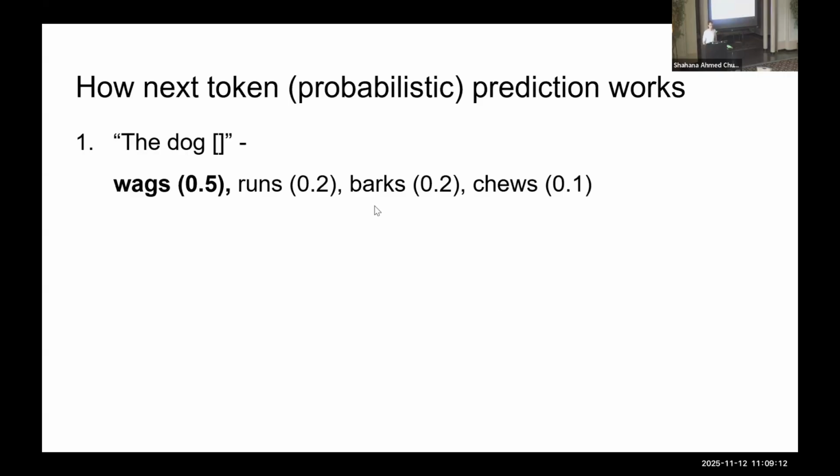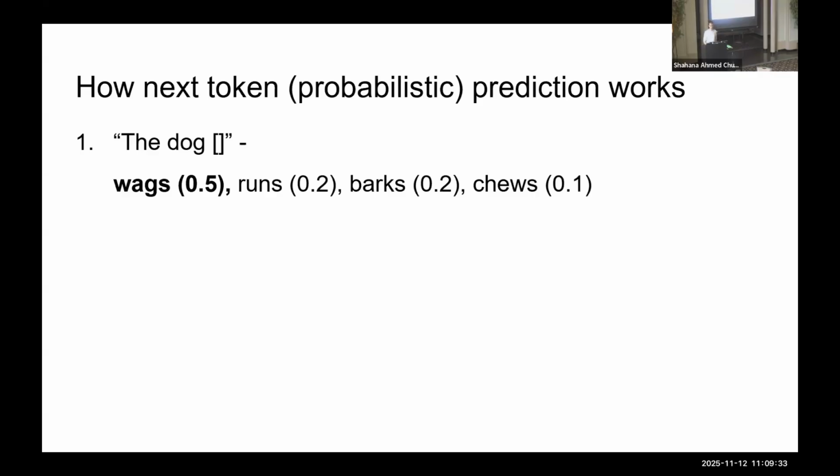Possibly the majority of likely words that it will predict may be wags, runs, barks, and chews. And in these parentheses, I have the probability that the next word might be one of these verbs. And then I'll sample based on these weighted probabilities.